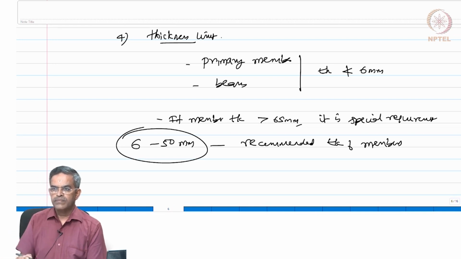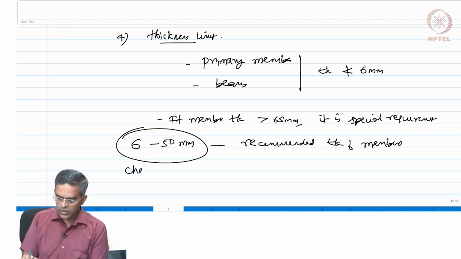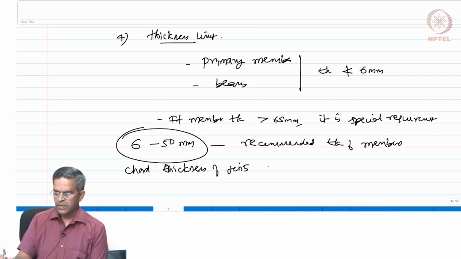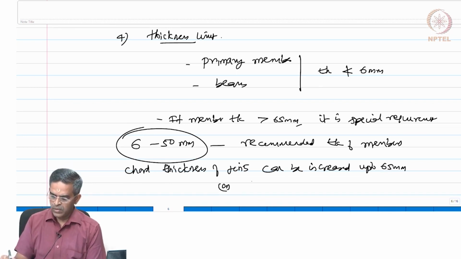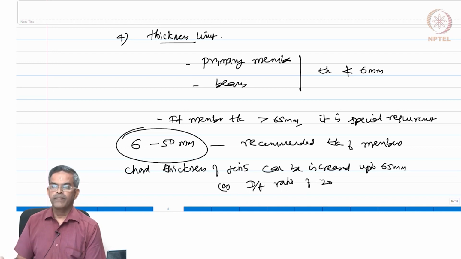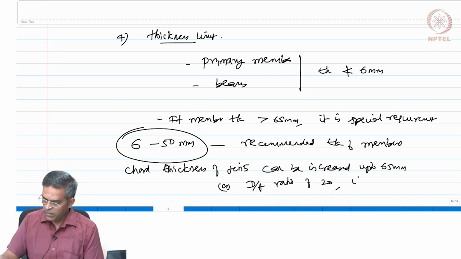Furthermore, the chord thickness of the joints, because we are talking about tubular members, the chord thickness of the joints can be increased up to 65 millimeters or a D by T ratio of 20 if you have ring stiffness.